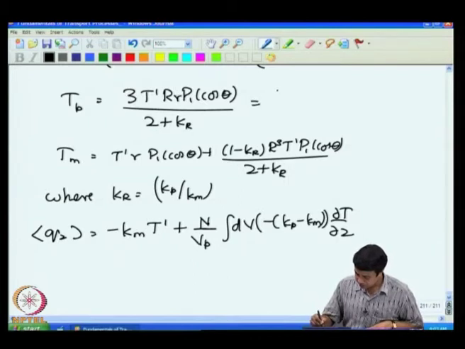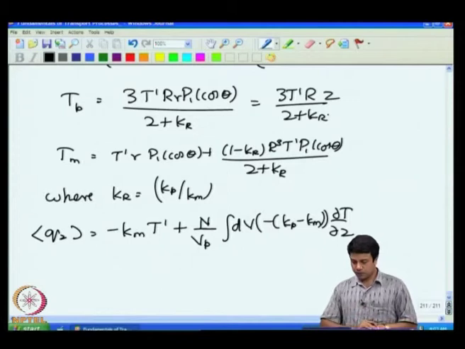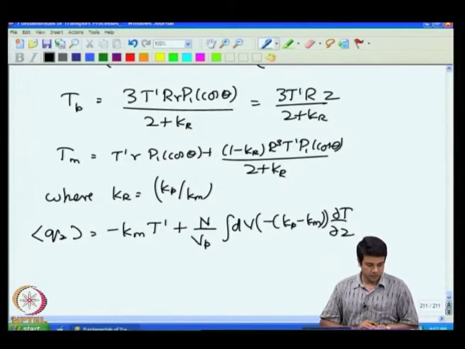For the particle, this can be written as: P1 of cos theta is cos theta itself. Therefore, r into P1 of cos theta is just z itself.